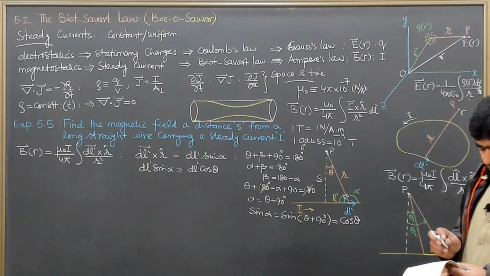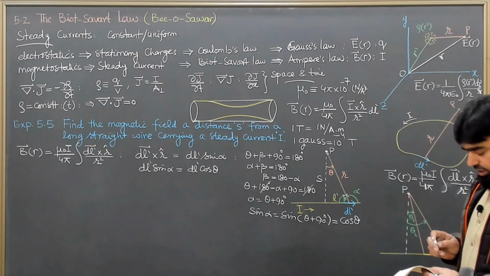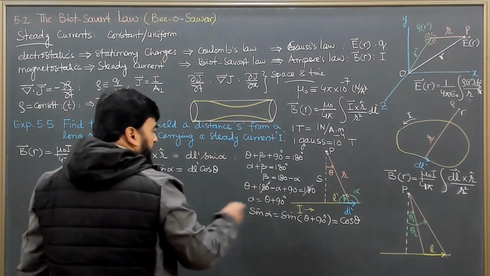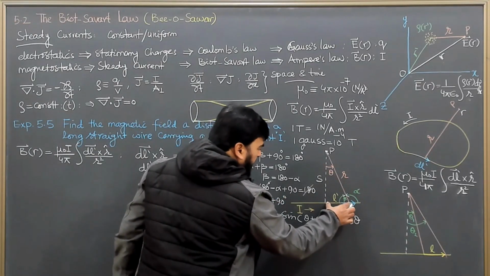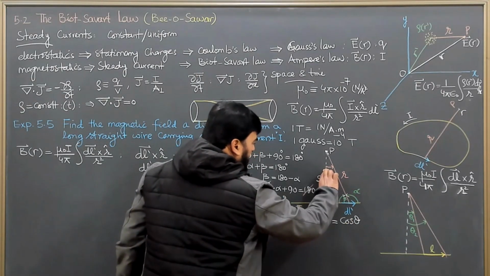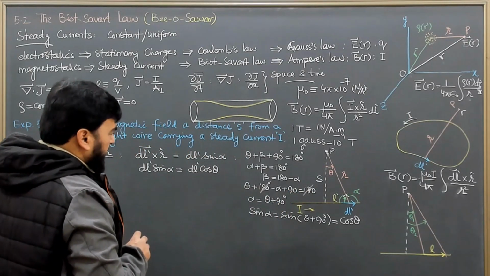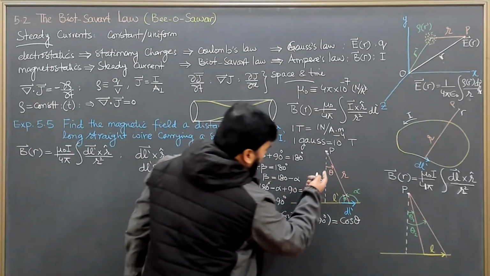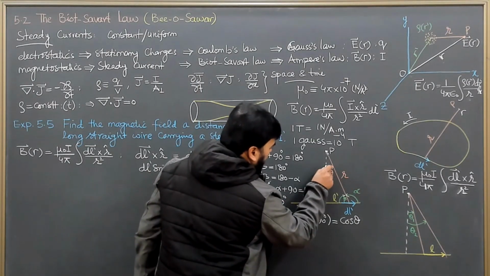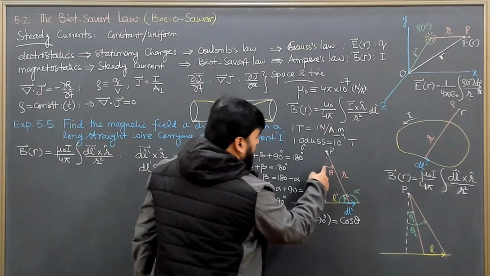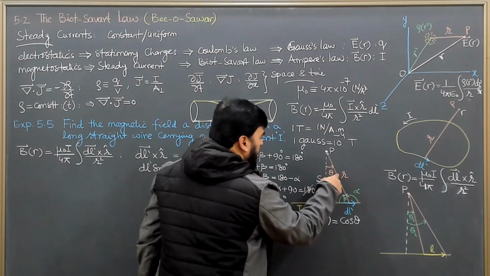And now if I write about L prime, this length is L prime and this is perpendicular. So if I write the base here, because the angle theta starts from here, it means this is the base and it reaches here, so this is the height part.